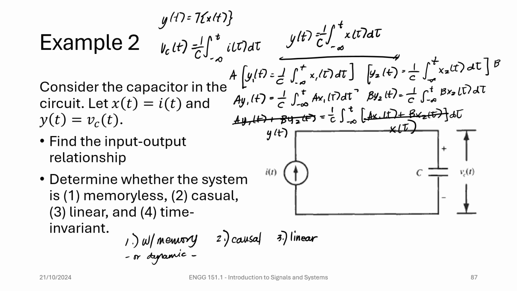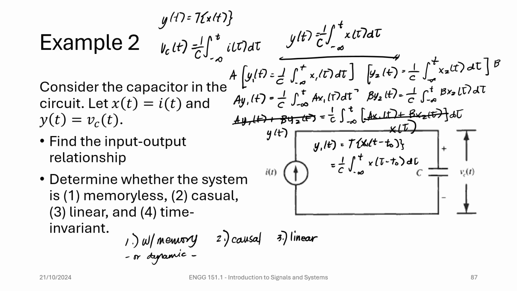And last, no, is this time invariant. Okay, so let's check, no. So we have here our y1 of t. Okay, so let's change the input. Of t minus, let's say, sige, wag na natin gamitin yung tau para hindi kayo malito. Ayan. T-nut na lang. So of course, we're going to change this one from x of tau to x of tau minus t-nut.